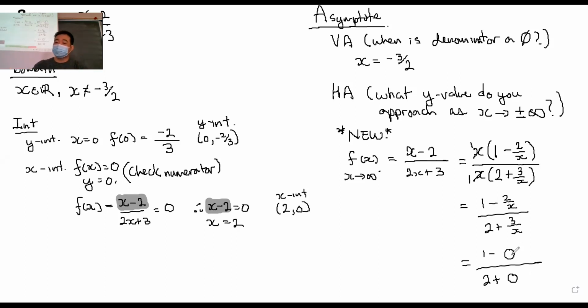As x approaches infinity, what number is the y going to be? As x approaches infinity, y will be approaching 1 over 2.